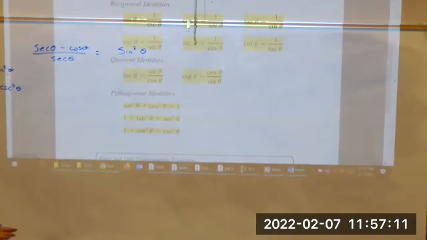But it's like a late night infomercial, that's not all. You can also get sine squared theta is 1 minus cosine squared theta, and cosine squared theta is equal to 1 minus sine squared theta.